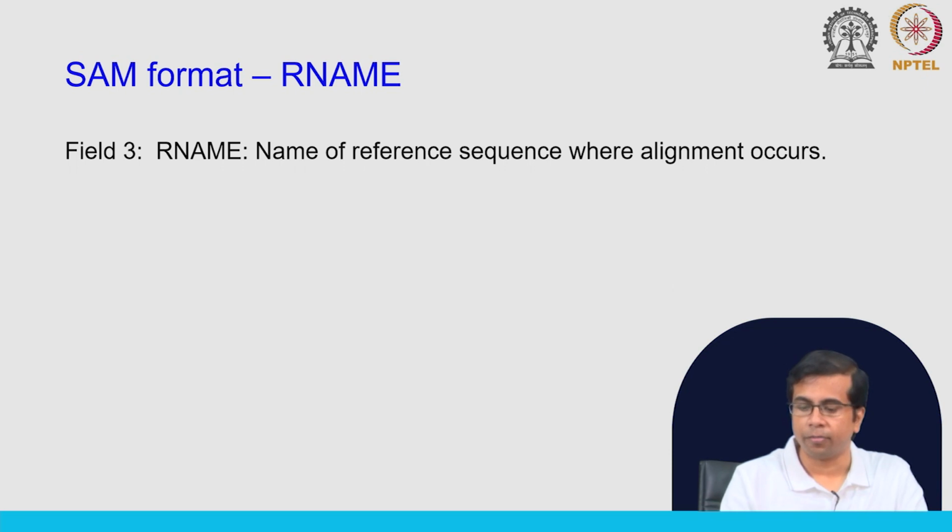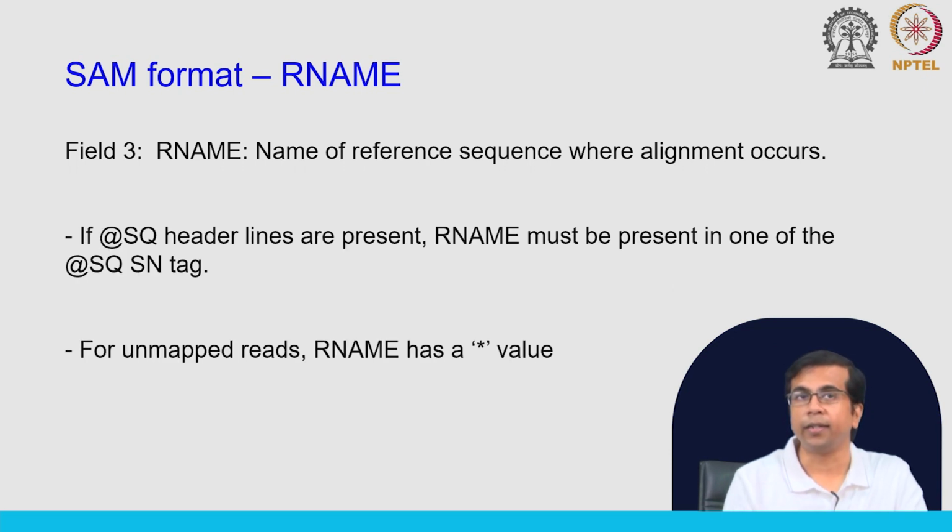If you have the @SQ header line, which we have removed now, the RNAME will be one of the values there. It is the sequence name, so @SQ SN will mention this RNAME value. If it is, say, chromosome 1, you will have a header line saying @SQ SN chromosome 1. You have seen this example that I just showed you, with the header.